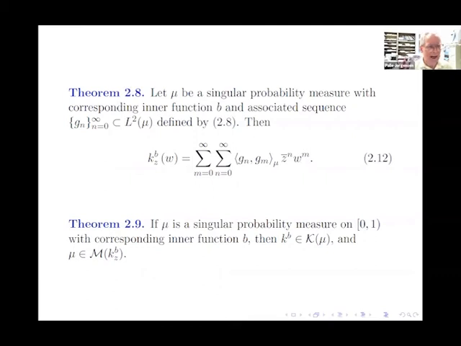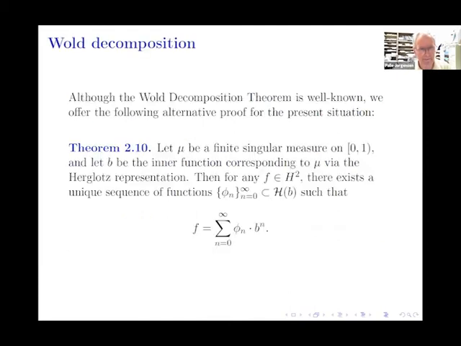And so in the language that we introduced earlier, we have that this kernel in 2.12 belongs to K of mu, or said differently, mu belongs to M of that kernel. And so remember, the meaning of this was that you can factor the kernel in 2.12 through an integral with respect to mu, as I explained in the first slide. All right, so that's that.